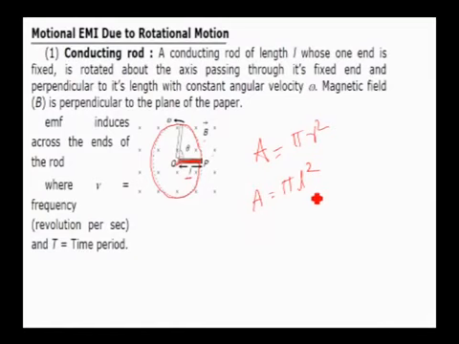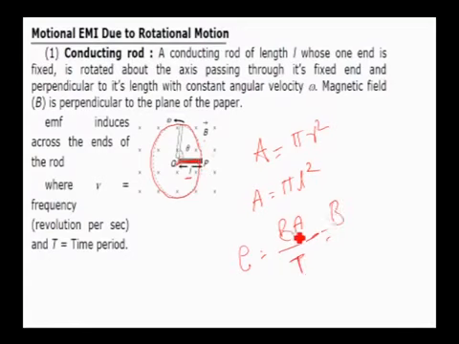Then we know that the induced EMF E is given by the total flux it describes during one circular motion. That is total flux B into A divided by the time taken by the conductor to describe one rotation, which is equal to the time period, because it has completed one revolution.